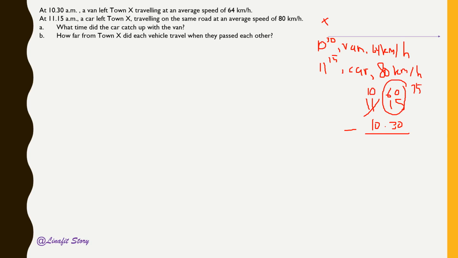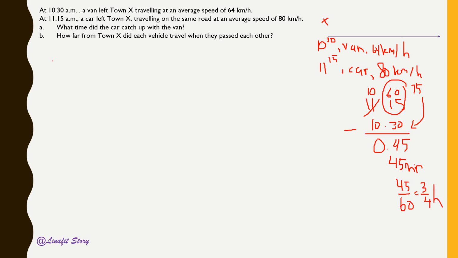Now we have 75 minutes. 75 minus 30 is 45 minutes. 10 hours minus 10 hours, 0 hour. So 45 minutes. We may convert 45 minutes into hour. So this equals 45 out of 60. We simplify, becomes 3/4 of an hour.